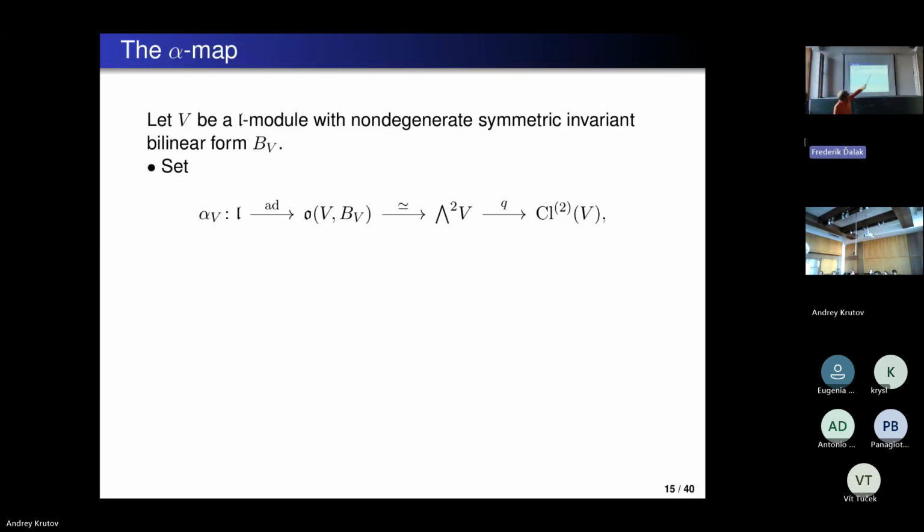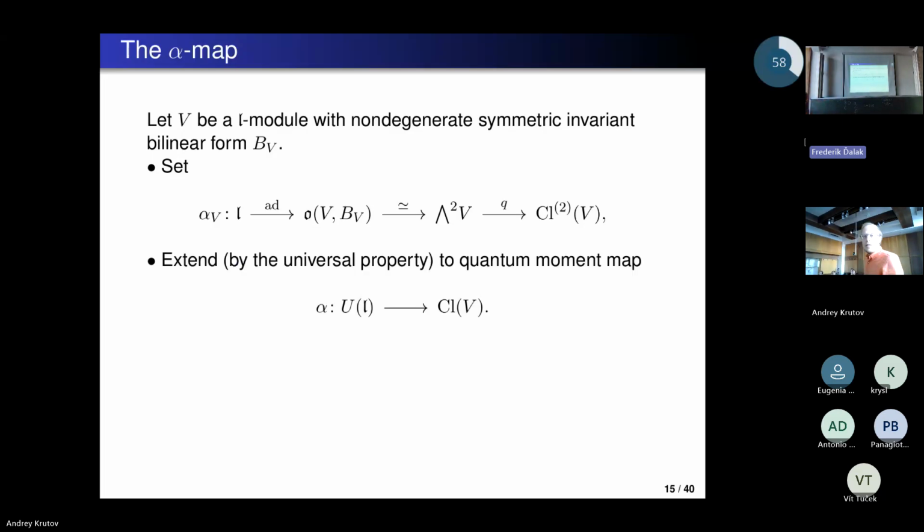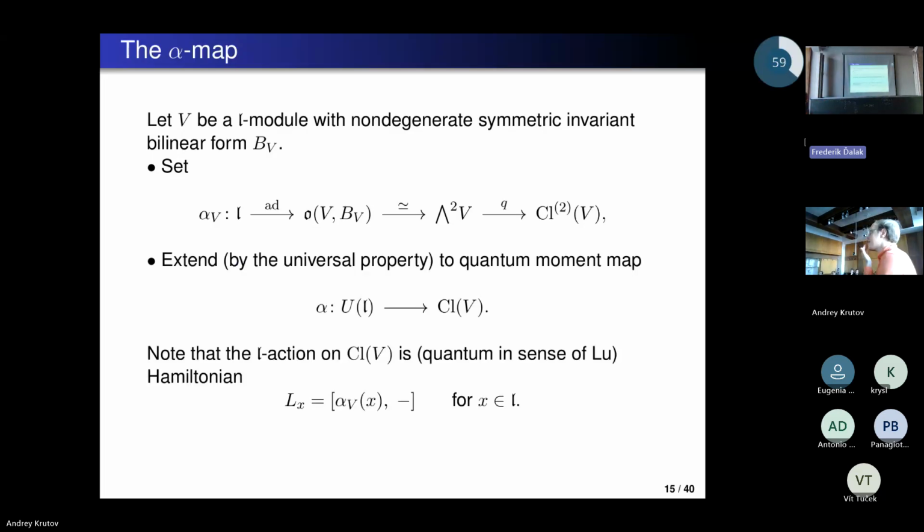Then we know as vector spaces it's isomorphic to the second degree exterior power, and using the Chevalley map we can send it to the Clifford algebra, and we can extend it by universal property to an algebra map. And for example, this will make the action of our algebra L on this Clifford algebra Hamiltonian.